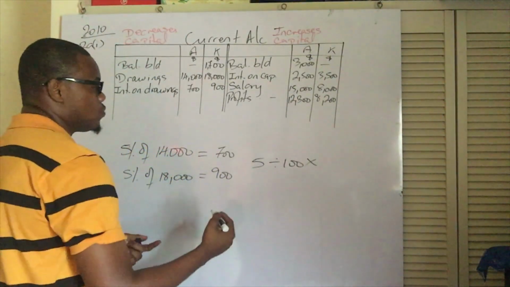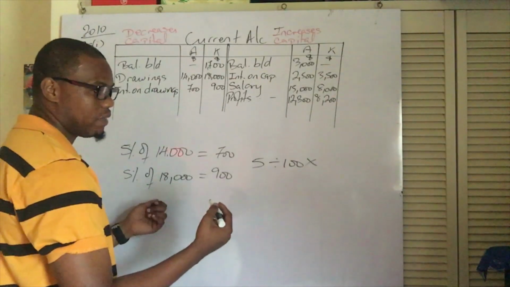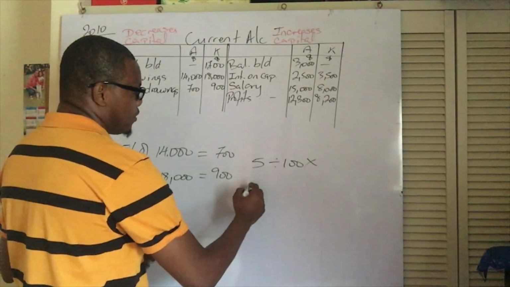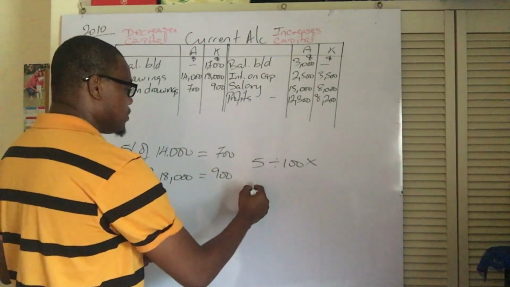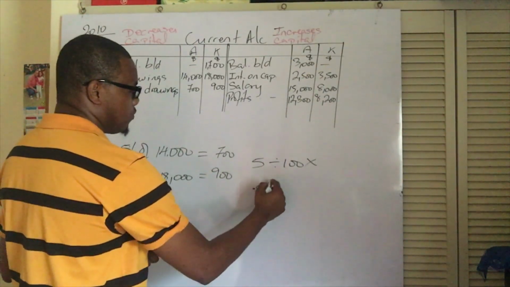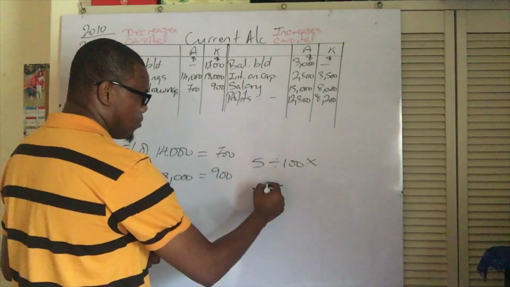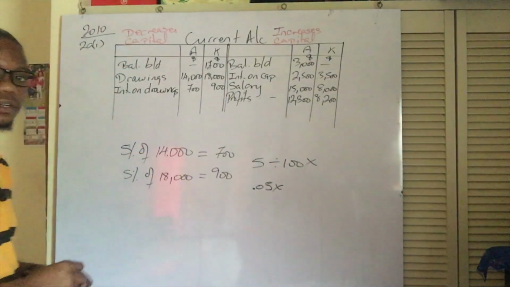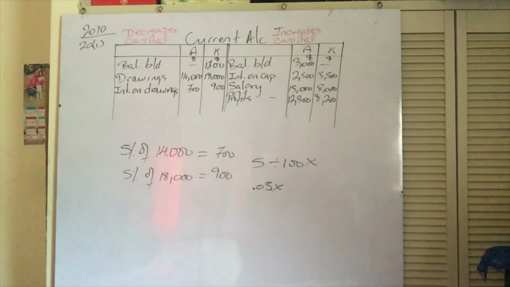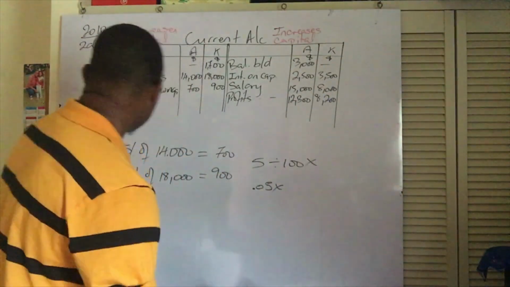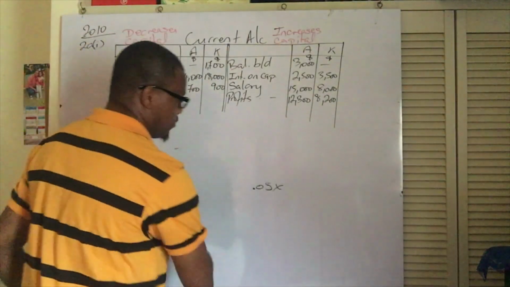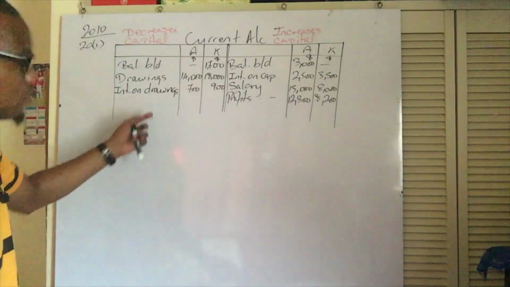For persons who are more mathematically savvy, you can convert it to a decimal, so you don't even have to say 5 divided by 100. You could simply say 0.05 multiplied by the number that you're trying to find the percentage of. But that is what you would type in a calculator. Very important, guys. All right, so that is how I got our interest on drawings.